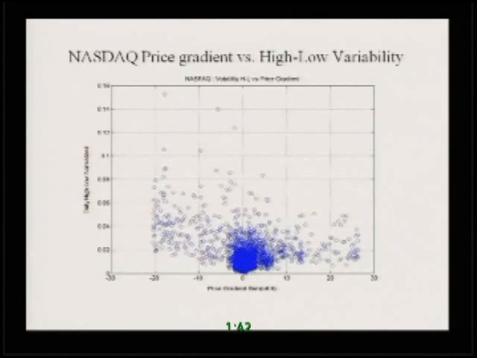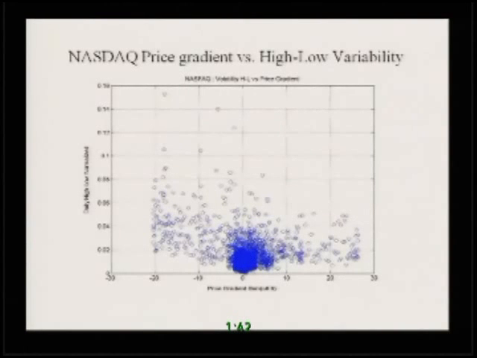You take a derivative of the stock market price. If the gradient is positive, you plot the data over here. Derivative is negative, you plot over here. Positive means the price is increasing. Negative means the price is decreasing.